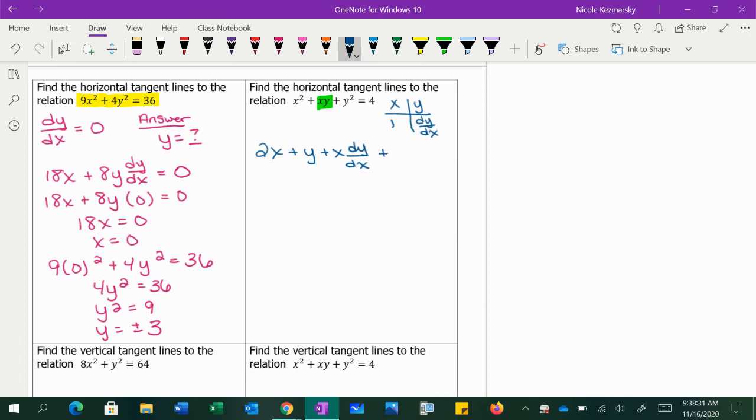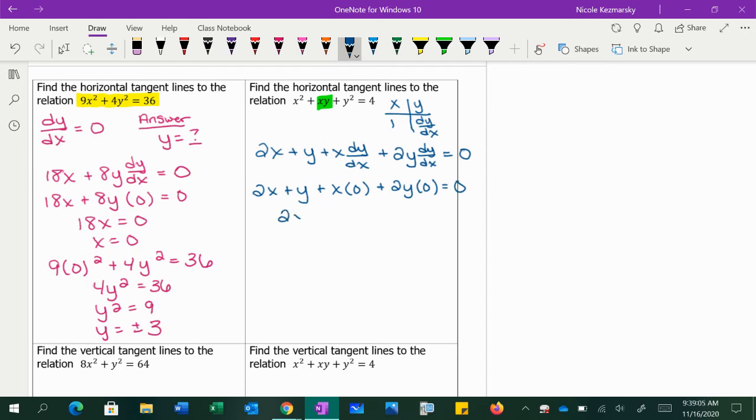And then we've got another term, y squared. So we've got 2y dy/dx again, because it was the derivative of a y. And then the derivative of 4 is 0. Since we know dy/dx has to be 0, we're going to plug that in. So we're going to say 2x plus y plus x times 0 plus 2y times 0 equals 0.